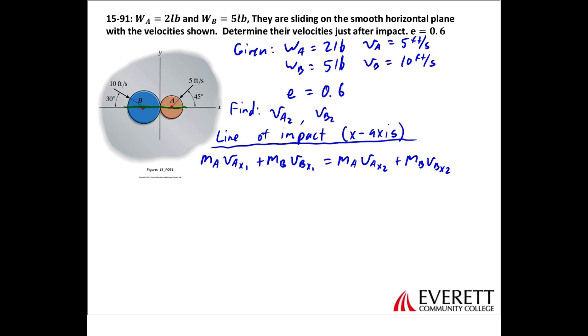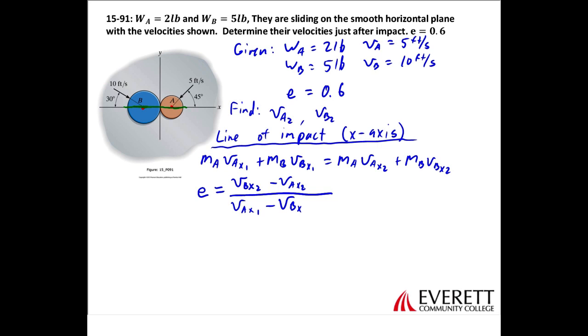So the coefficient of restitution is going to be equal to the final velocity of one of them. I'll pick B. And of course, we're still just looking at the x-axis. So v_bₓ₂ minus the other, vₐₓ₂, over, and now we're going to switch them, vₐₓ₁ minus v_bₓ₁.